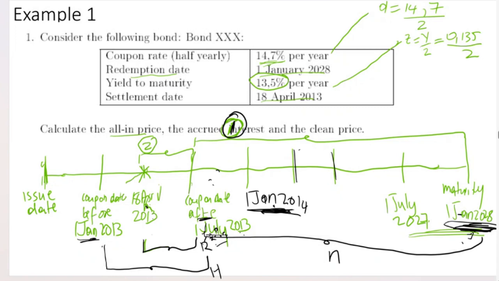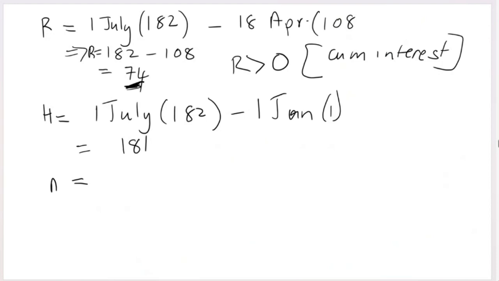So our N is going to be equal to 1st of January 2028 minus 1st of January 2014. So this is going to give us 14.